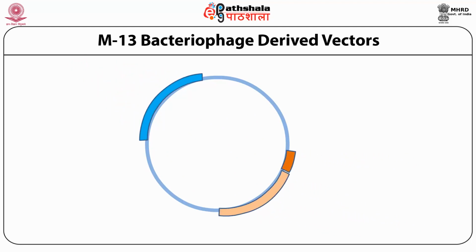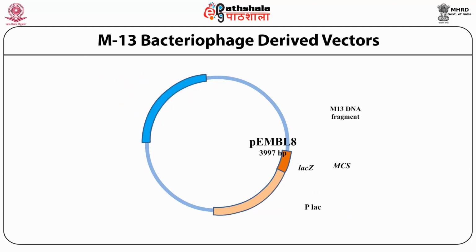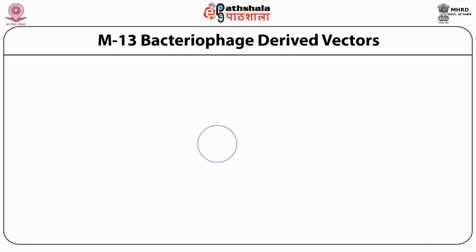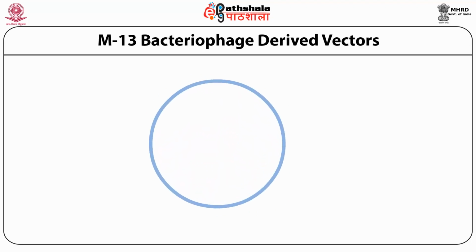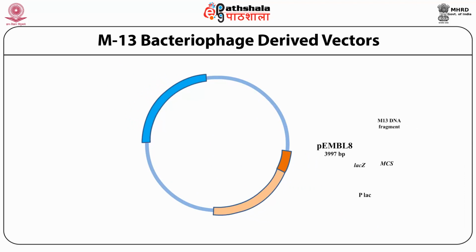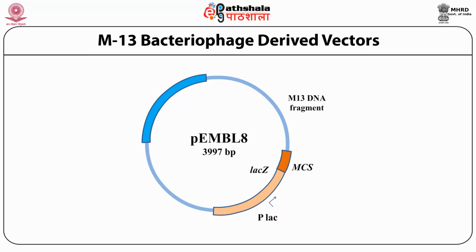Third, the intergenic region, IG region, of phage f1 for origin of replication. These vectors have been used successfully for DNA sequencing with the dideoxy method and can be used for other purposes for which M13 derivatives are used.